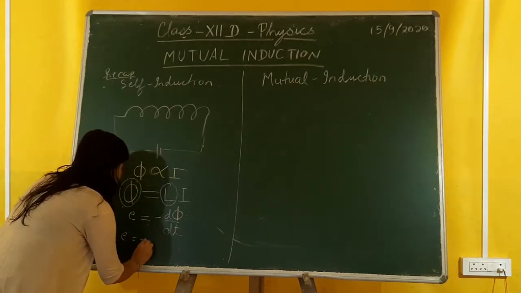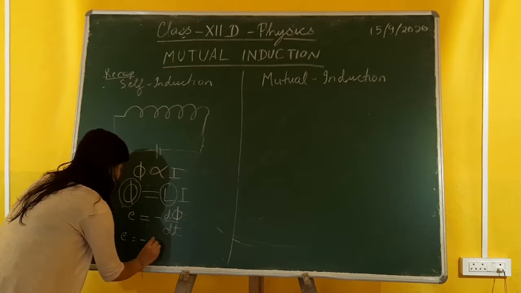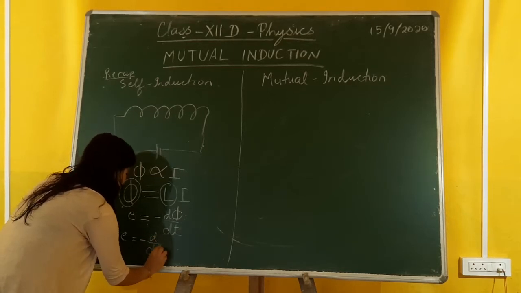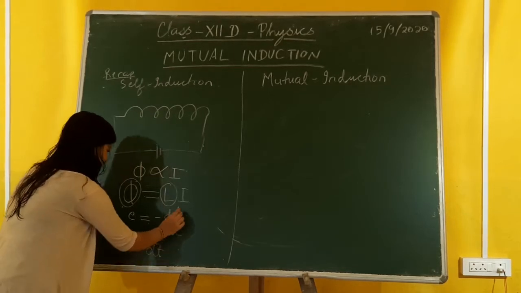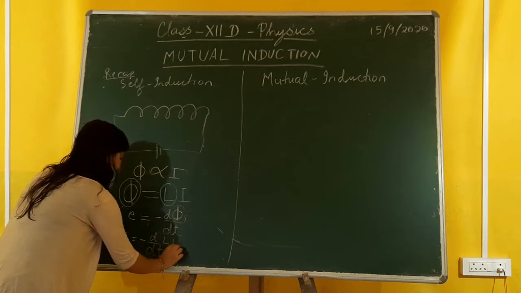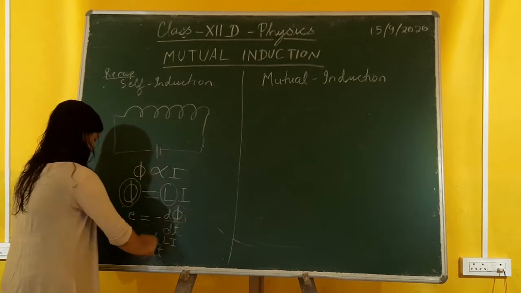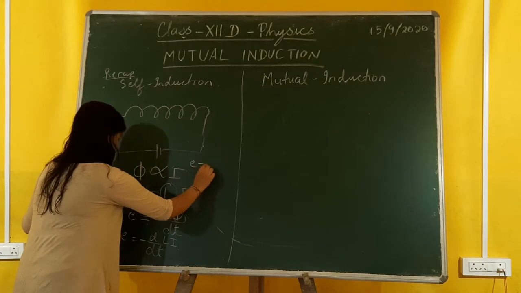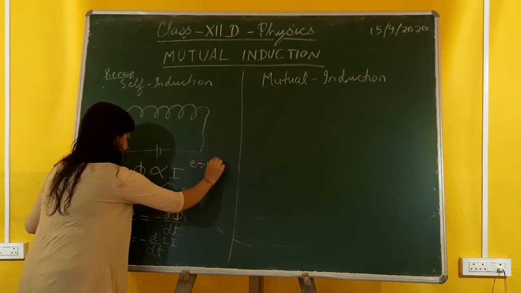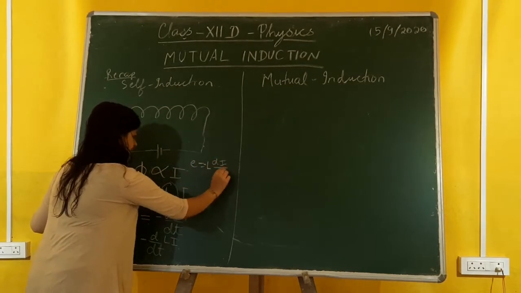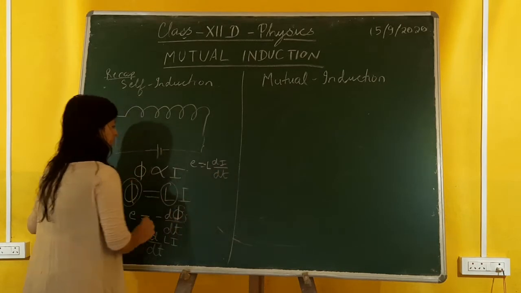E is equal to minus d phi by dt, and our phi is L I. So, if I just simplify this, E will be equal to minus L di by dt, okay.